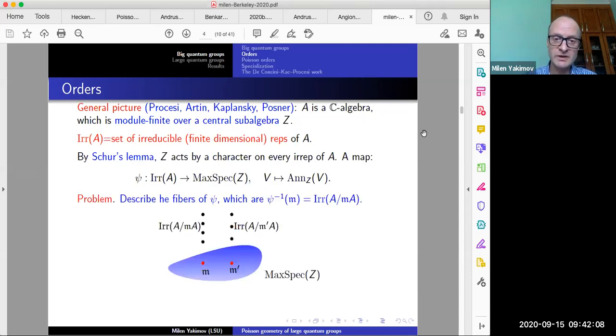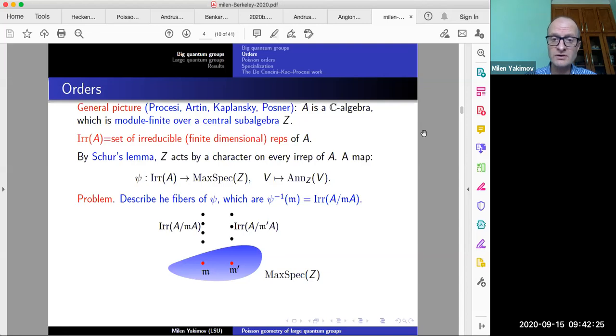So now we have this geometric picture where we have this fibration psi, and over each point M, which is a maximal ideal of Z, we have a fiber. But now the key point is that each such fiber has a very nice description.